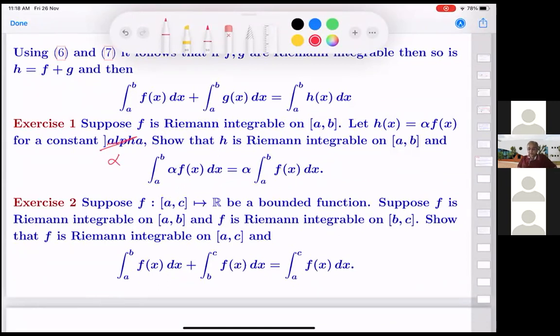So we have added two things, now we are multiplying by a constant. To show that h is Riemann integrable and the integral of alpha f is equal to alpha times the integral of f. Fairly straightforward, but still sometimes one needs to write it up, be able to write it out.